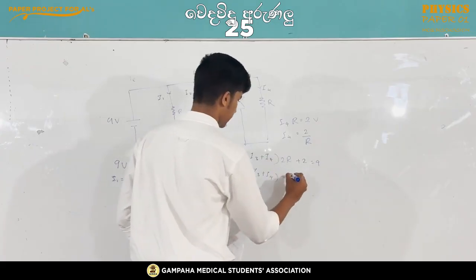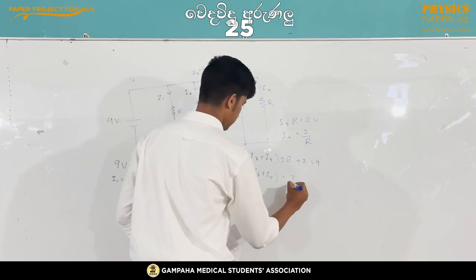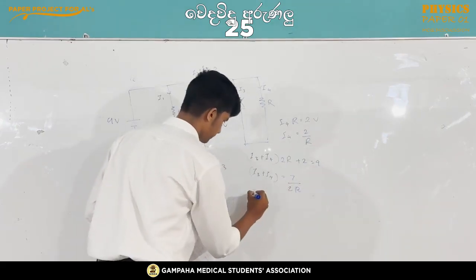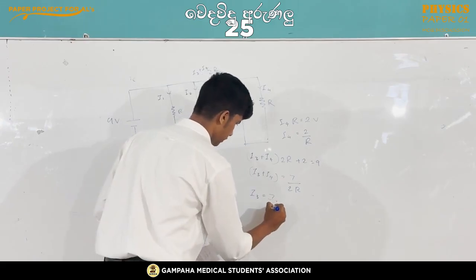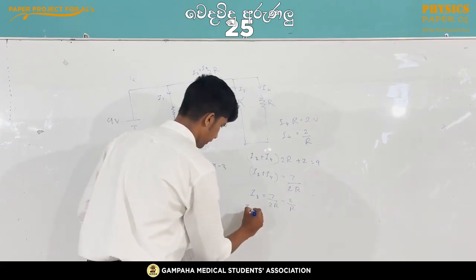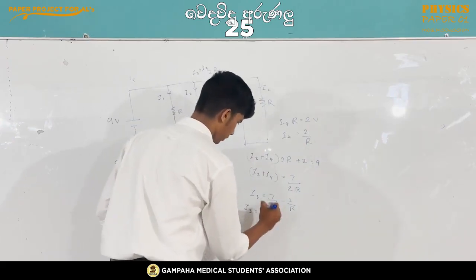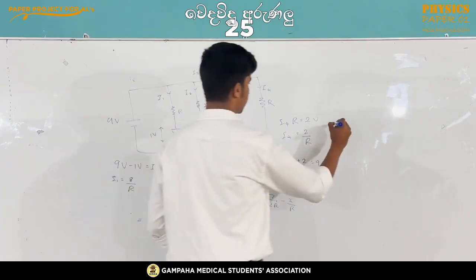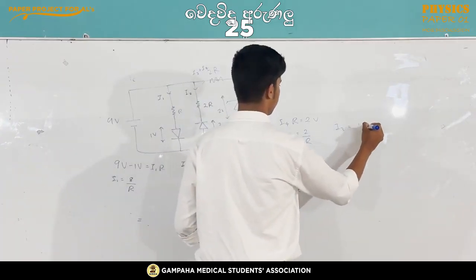Therefore, 7 divided by 2R, and we know that I4 is 2 over R, then I3 is equal to 7 over 2R minus 2 over R. Then I3 is equal to 3 over 2R. Then I3 will be equal to 1.5 over R.